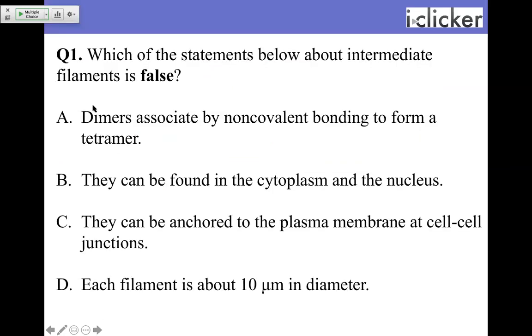Before we do that, let's see what we know about intermediate filaments right now. What can you tell me about structure and function of our intermediate filaments?